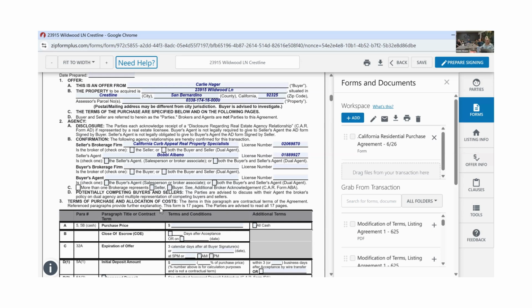Yeah. And that one mentions the dual agency, but what they're basically saying is the brokerage, California Curb Appeal, might represent more than one buyer or seller at any given moment. Yes. Which is always going to be the case.